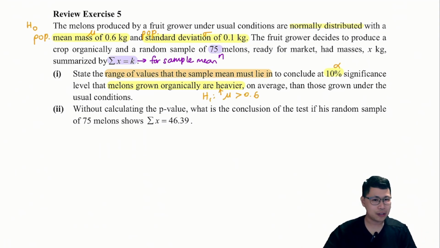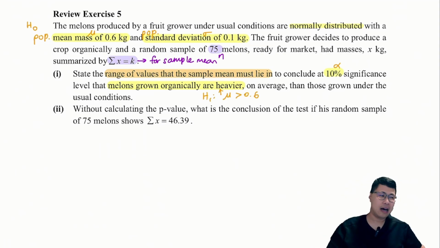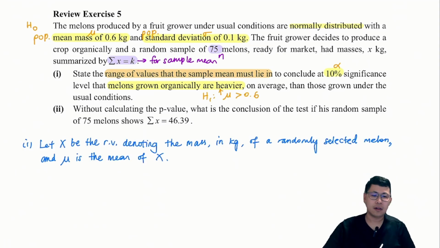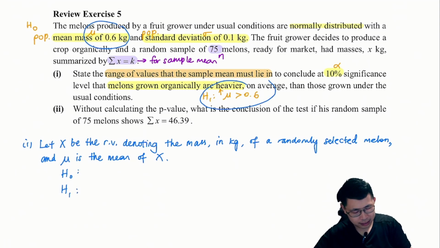Now let's set up as per our usual steps. We're going to do step 1 to step 4 as usual. Step 1, let us declare our random variable and the population mean mu. Now that we've done this, we're going to look at step 2, the null and alternative hypotheses, which we've already seen given over here in the question.